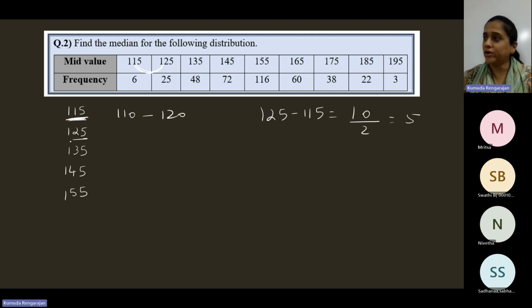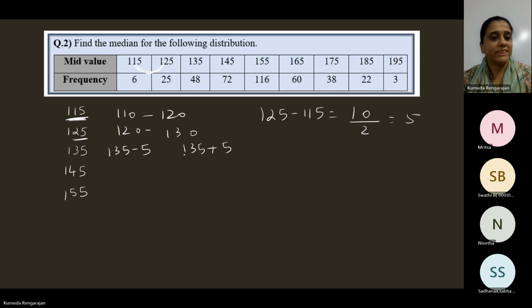Now the next one, 125: subtract 5, 120; add 5, 130. Similarly, 135 minus 5 is the lower limit and 135 plus 5 is the upper limit. So you will get 130 to 140.